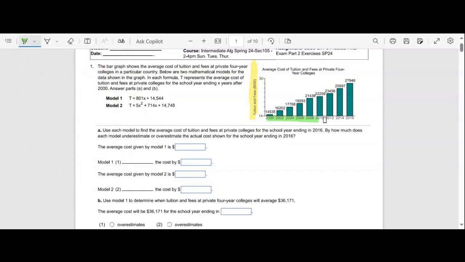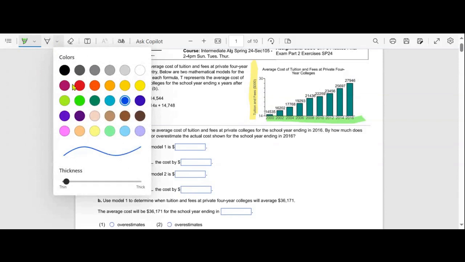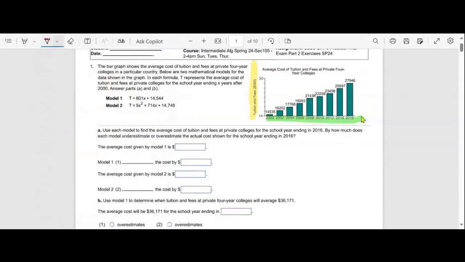If you don't understand what is written there, look at the graph. Mohammed, what does the x-axis represent? It represents the years. The years, right?